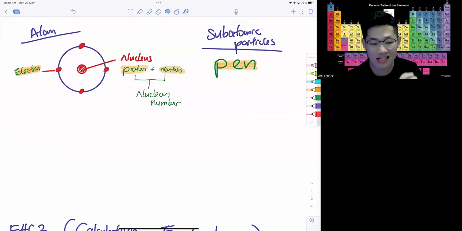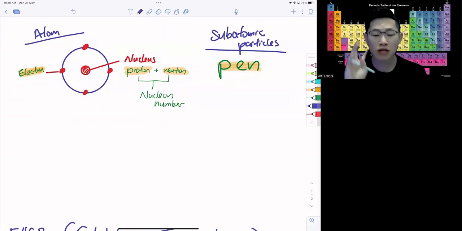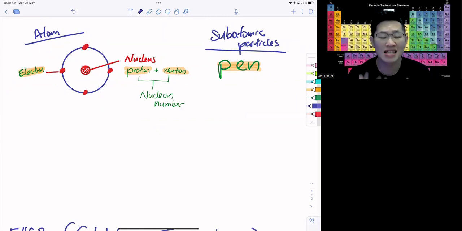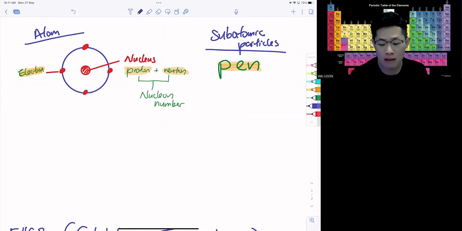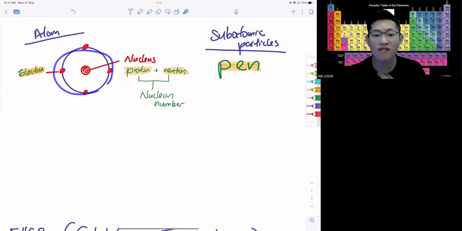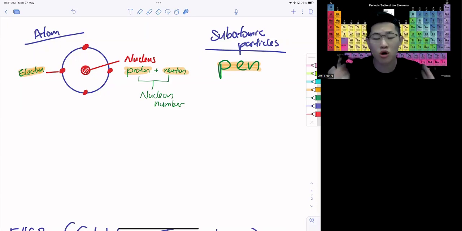The next thing is, after you know that an atom is made of proton, electron, and neutron, there's actually a format for us to present the information: how many protons, how many electrons, and how many neutrons. We're not going to draw it out every time, because some atoms have a lot of electrons and lots of protons, so there's no way we can draw the whole thing out.